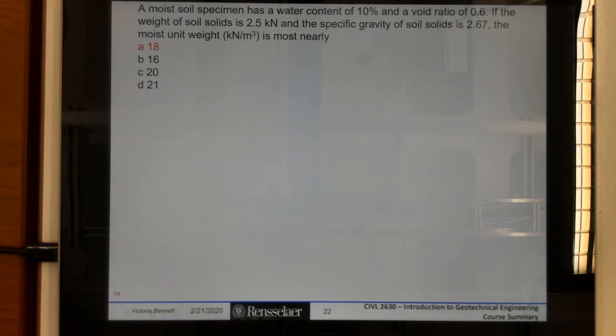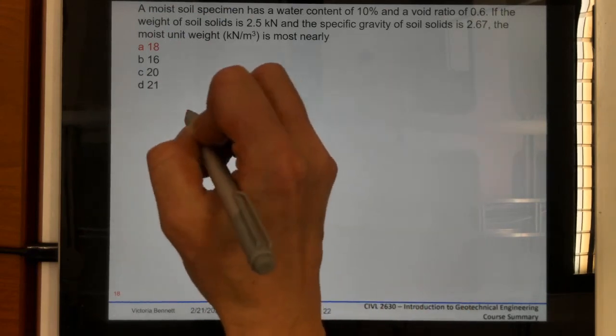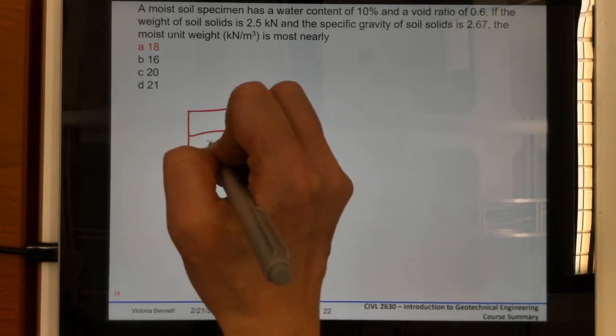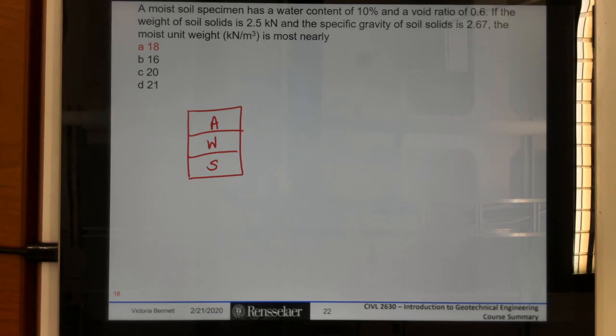Here's another of the kind of classic phase diagram problems. So a moist soil specimen, what does that tell me? That tells me that there is probably both water and air in between those soil particles. It's not going to be fully water because they don't say that it's saturated in this problem.